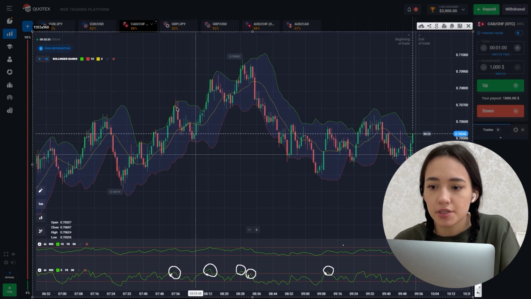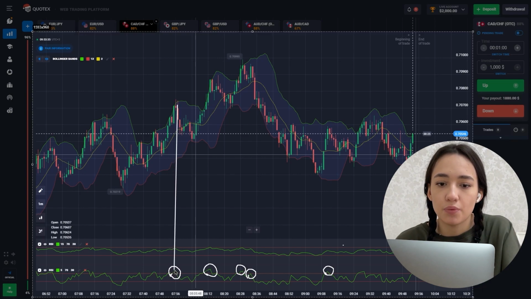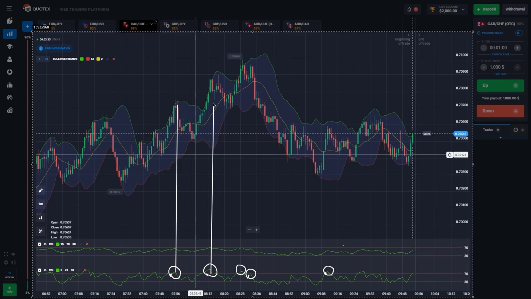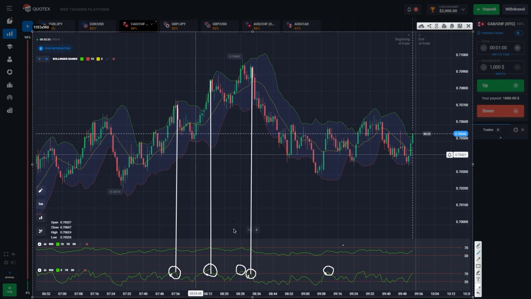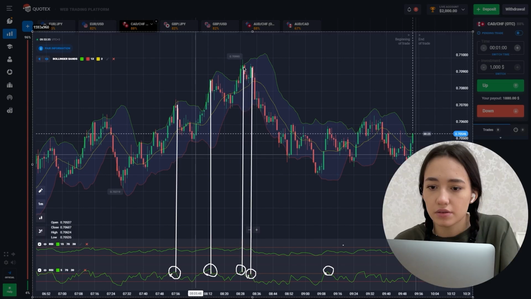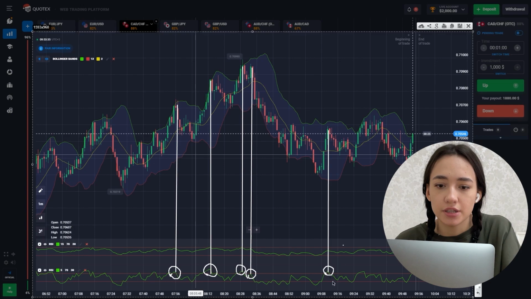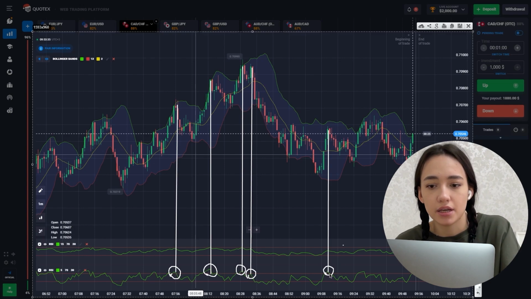It's the same principle of entry, but I want to show you that anyway. There is no touching, but we saw an intersection of RSI. Actually, the price is seeking to go down anyway.